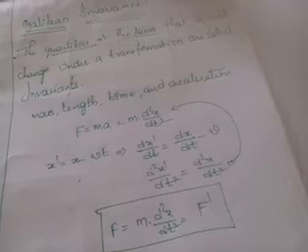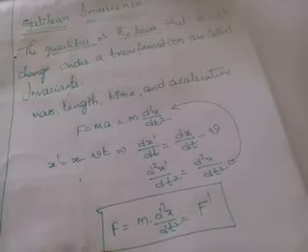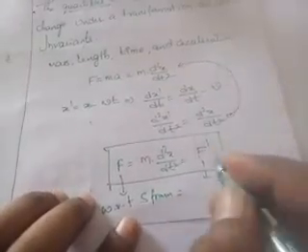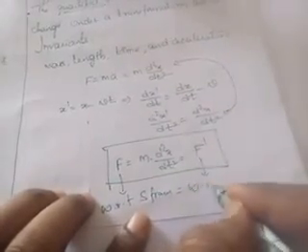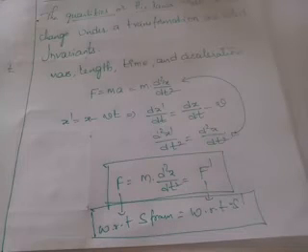So F is the force acting on the body with respect to the S frame, and it is equal to the force acting on the body with respect to the S dash frame. Both are the same. Therefore, Newton's laws are invariant under the Galilean transformation equations.